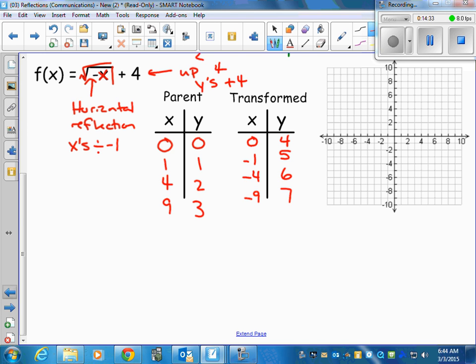Now, looking at the original graph, there are our original points on the graph. It starts at 0 and goes only in one direction. Horizontal reflection means that we have a right to left flip.